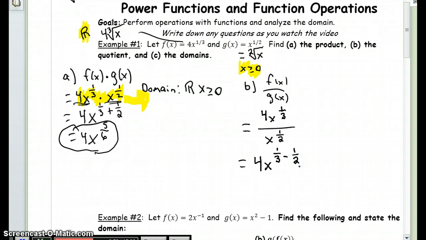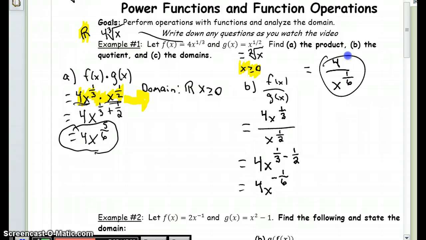And what you'll get is 4x to the -1/6. All right, now we know we can't leave negative exponents like this. So over here, I'm going to write this as 4 over x to the positive 1/6, since this x will come down to the denominator, so the exponent can become positive. Now this is your final answer of f of x divided by g of x.